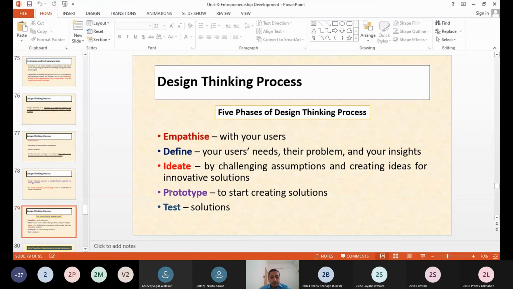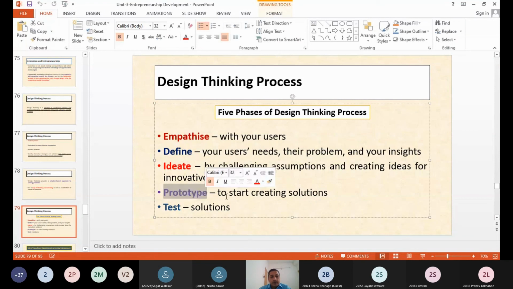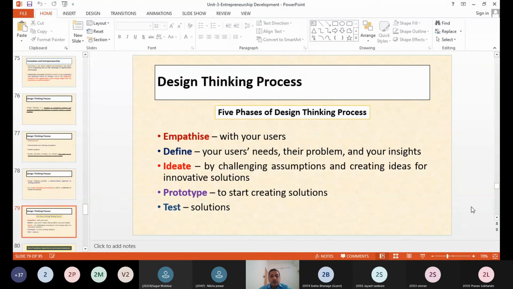Then preparing a prototype. Prototype means it is a sample or alternate solutions which can be prepared as a solution for that particular problem. And then test these solutions, test these prototype solutions for feasibility of the particular solutions, and then identify the most feasible, most appropriate solution to that particular problem.